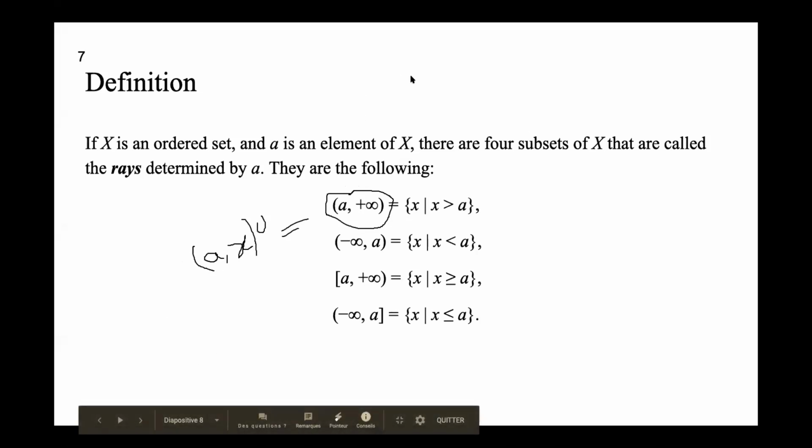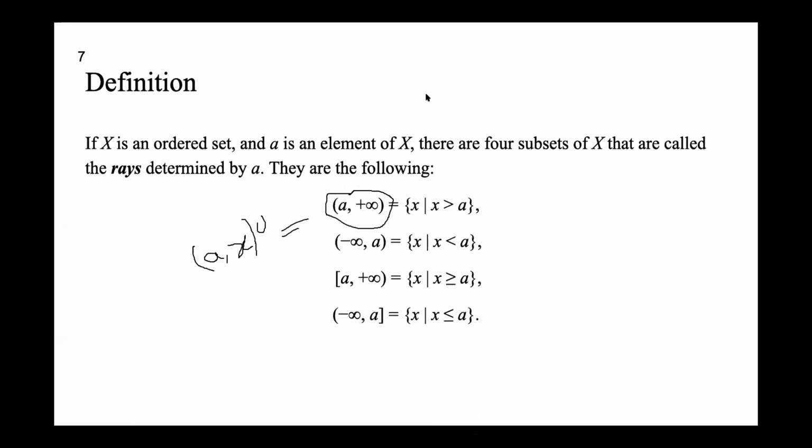So to prove that, we have to prove that the first set is contained in the other and vice versa, right? Yes. So let's prove first, for example, that (A, +∞) is contained in the union of all these sets.